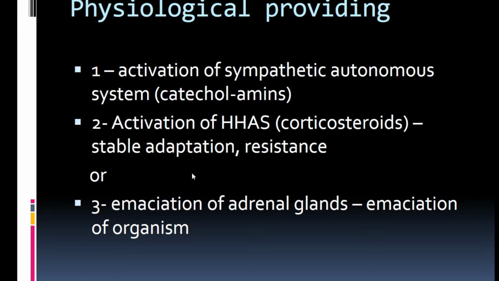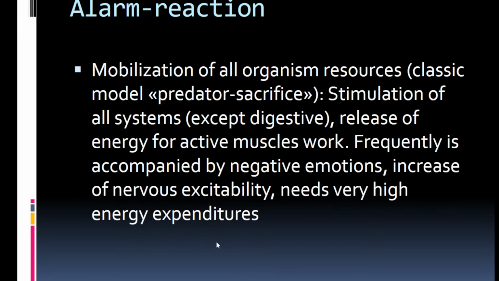And during this stage, we can observe stable adaptation and resistance of the organism to the action of overly strong factors. And finally, the third stage is exhaustion. This stage means that we have exhaustion of the adrenal glands, which provide all phases of the stress reaction. And in this case, we have exhaustion of the organism. It means disease or even death.